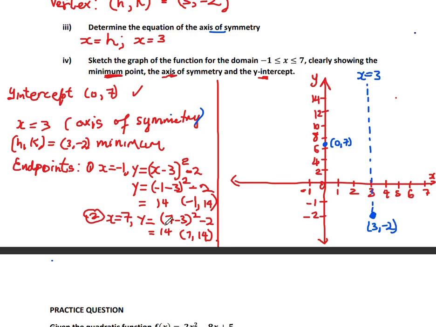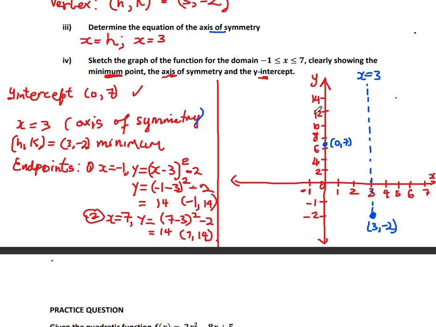Also, we need to draw the endpoints of the curve. The endpoints of the curve were found by substituting the lower and upper limit of the domain that we're given, which is -1 and 7. We substituted those into the quadratic equation in vertex form, and we got these coordinates here. -1, 14.